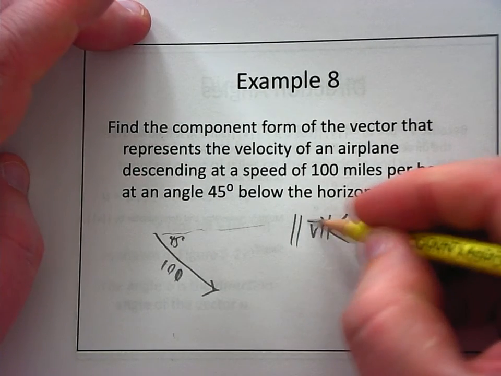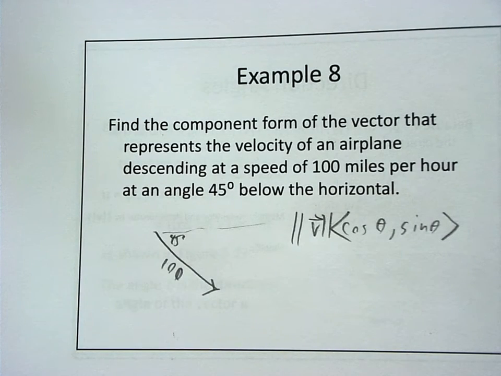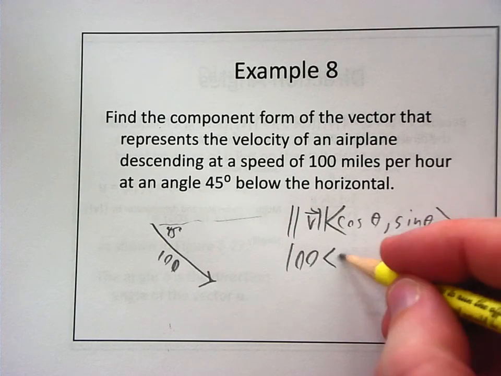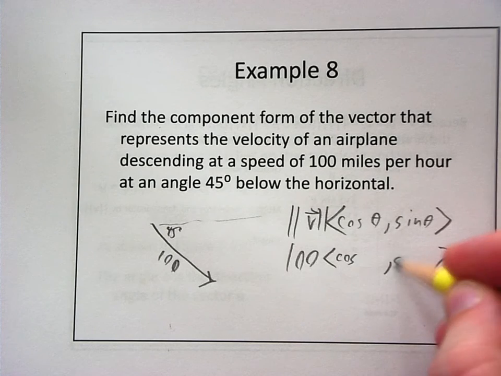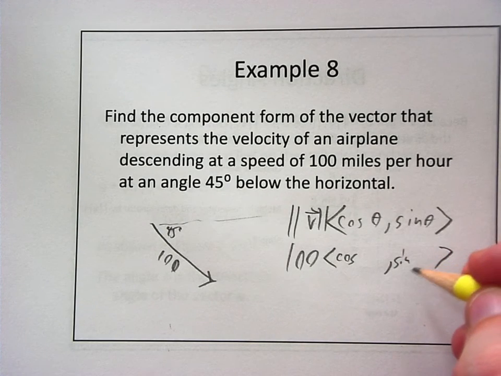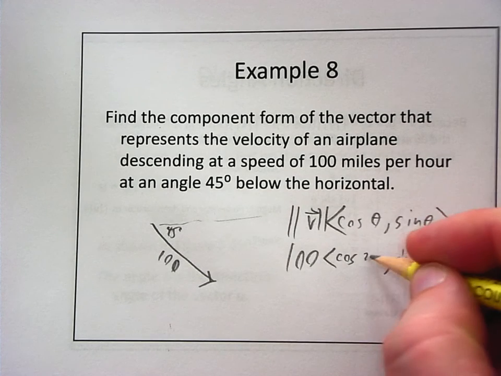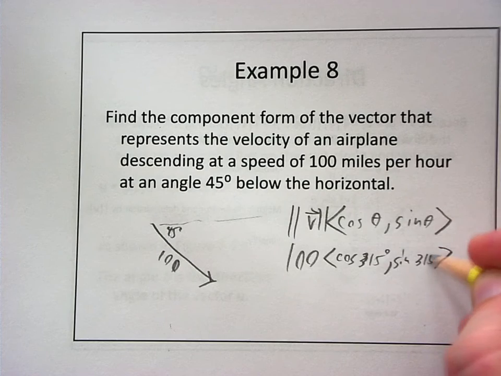I have a vector here. Let's use v. So in this case, the magnitude of v is what? 100. Cosine of theta. Well, what's theta? 45. Careful. Negative 45 you could do, or you could just do 360 minus 45, which is 315. Either way, what's the cosine of 315 degrees?